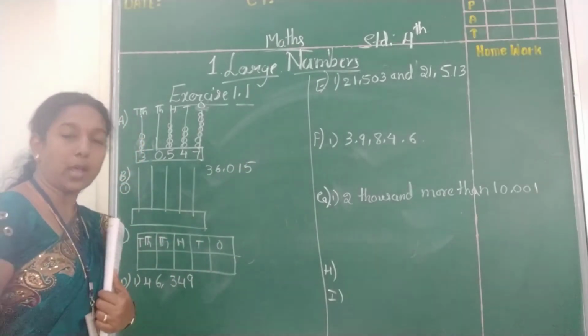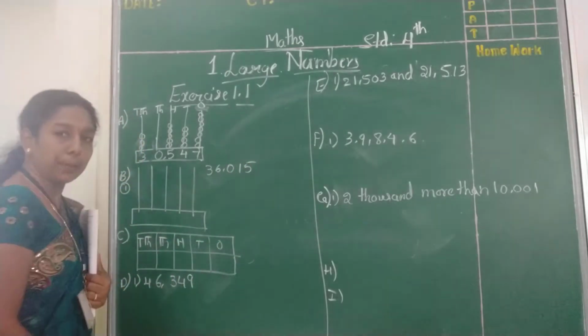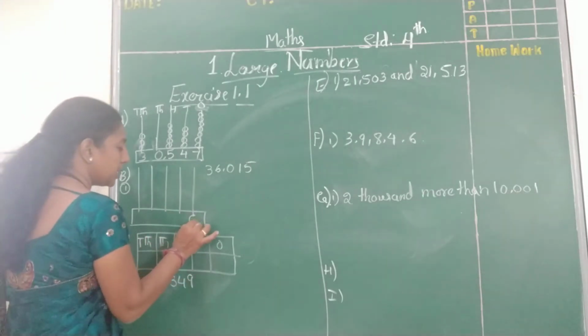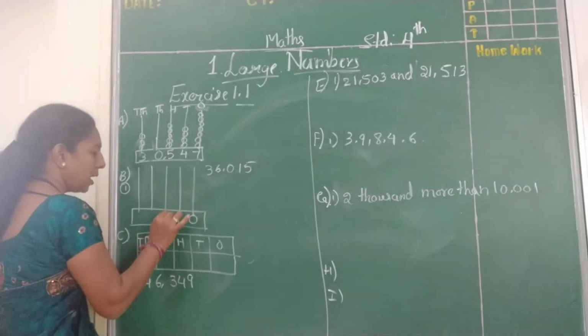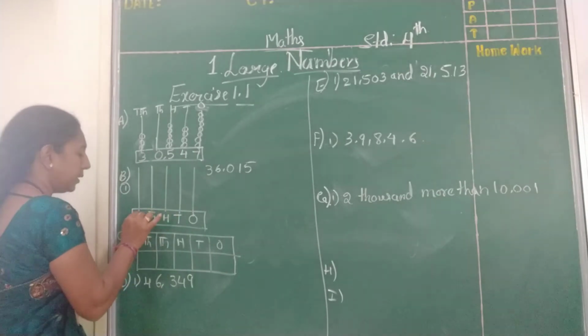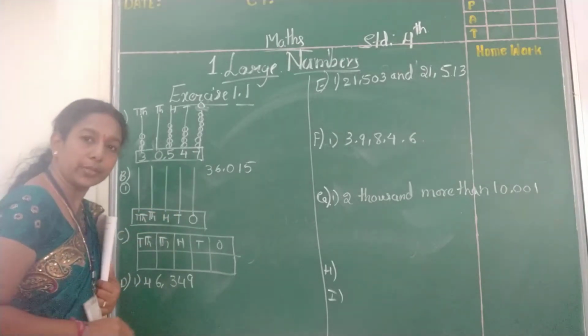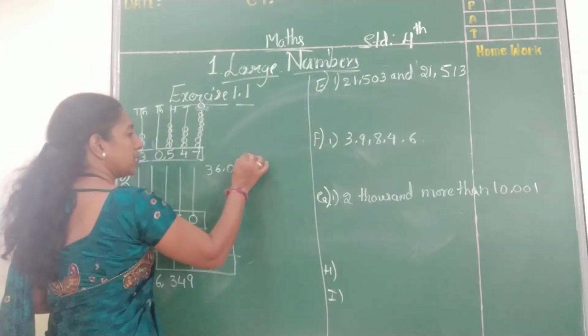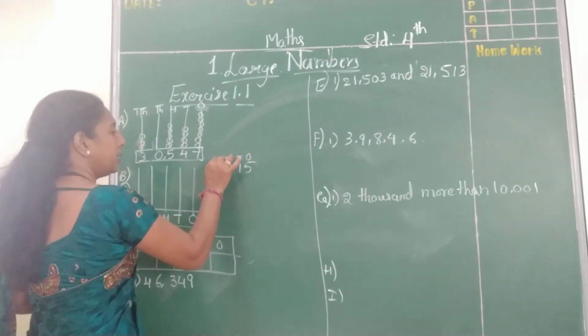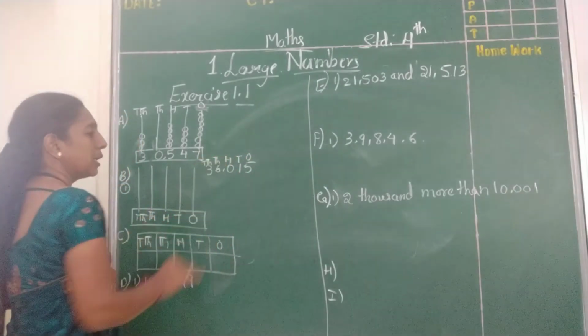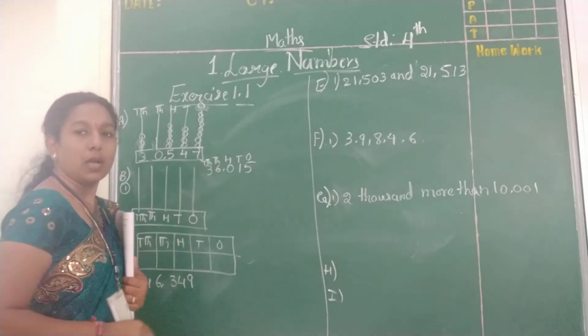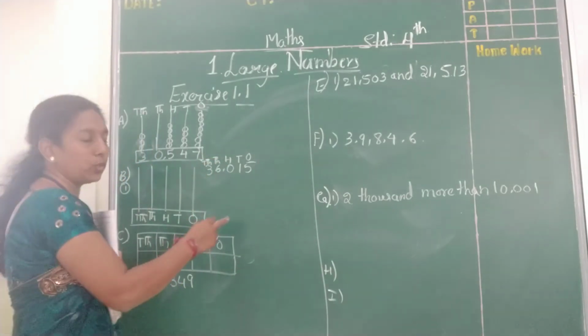So how to read it, how to write it? According to the places, we know that here it is the ones place, tens, 100, 1000 and then 10,000. So according to that, we have to write here also ones, tens, 100, 1000, 10,000. On that basis, you have to put those beads.